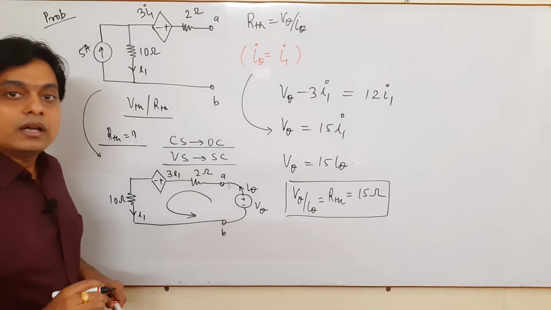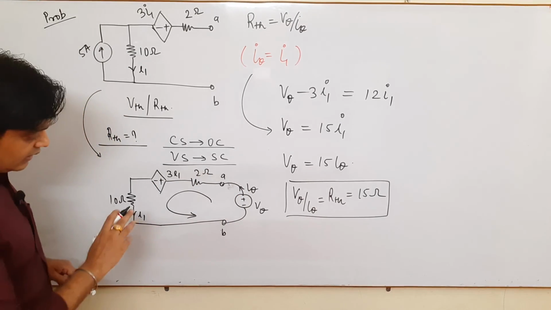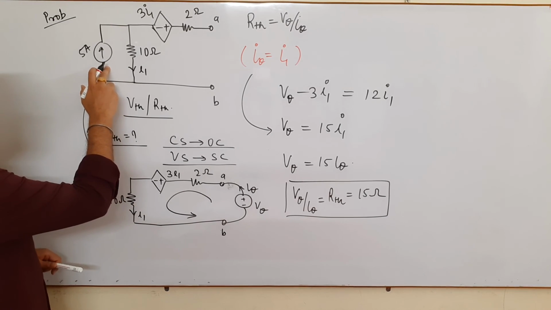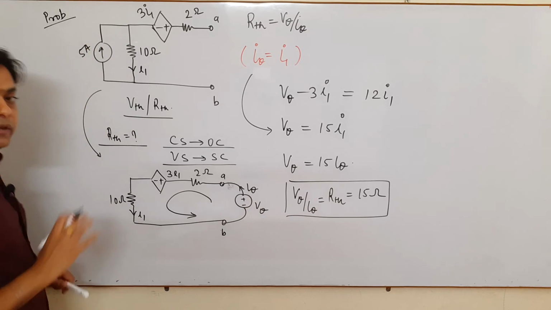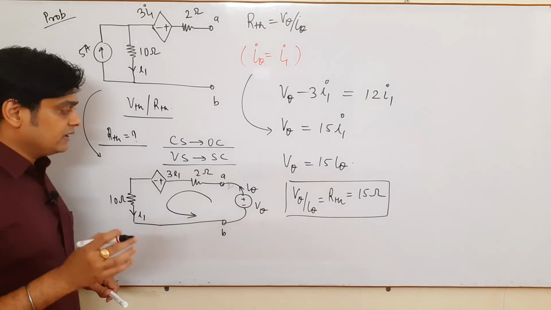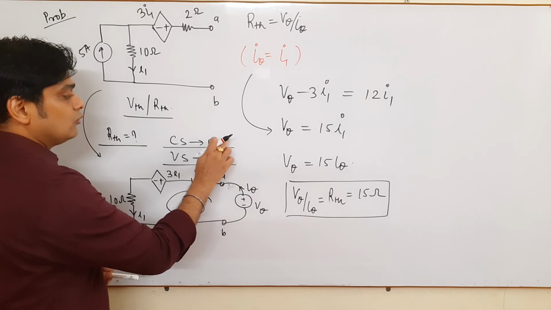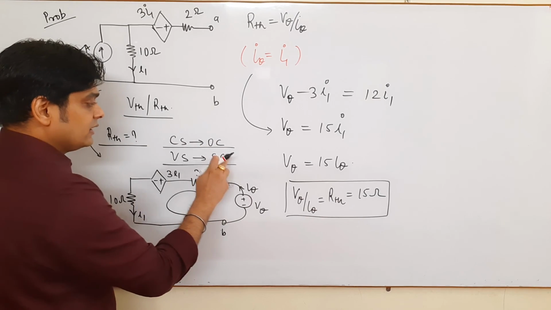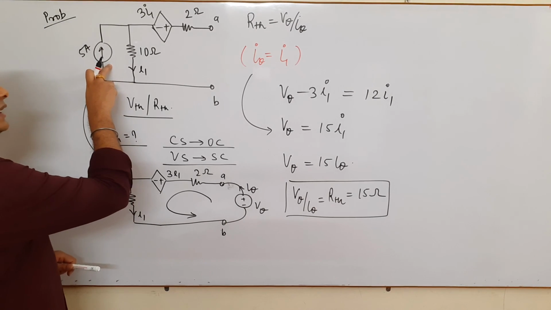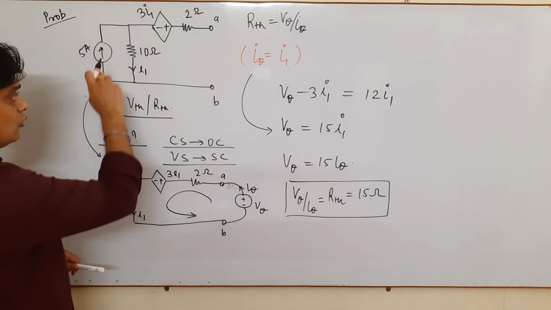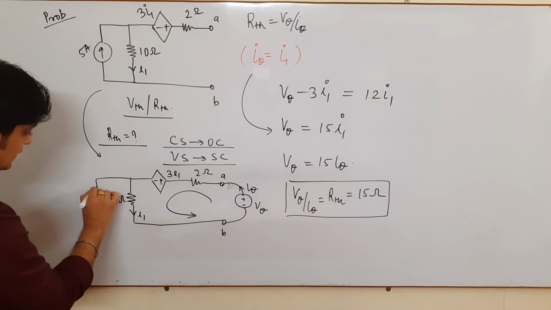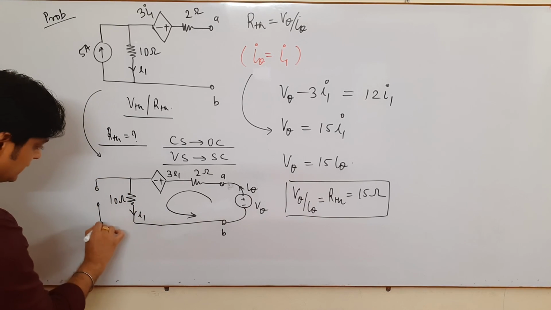Here again one more time I am explaining: when the independent source goes off in the network, if it is a current source it gets open circuited, and if it is a voltage source it gets short circuited. Since it is a current source which is independent in nature, it gets open circuited, and you may draw it in this manner also.